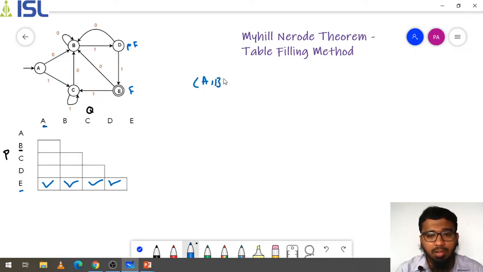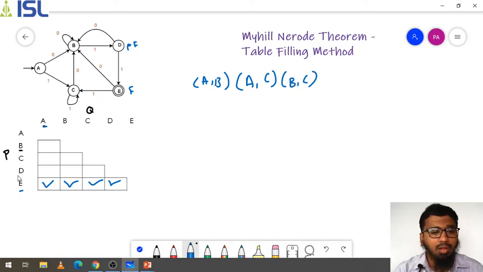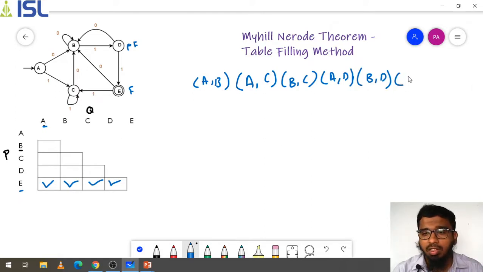A comma B, A comma C, B comma C, A comma D, B comma D, and C comma D. So there are 6 pairs that are empty in this table.